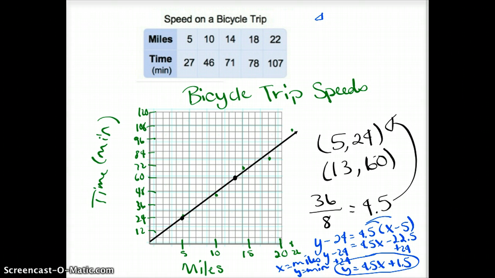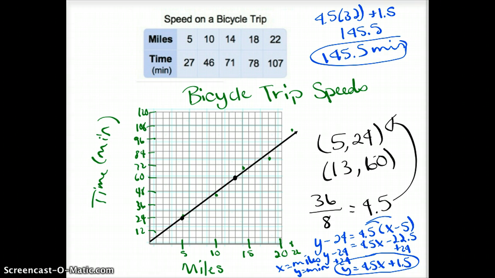I'm going to do 4.5 times 32 plus 1.5. I'm going to have to do that on my calculator, and I get 145.5. So I think it's going to take about 145.5 minutes to go 32 miles.